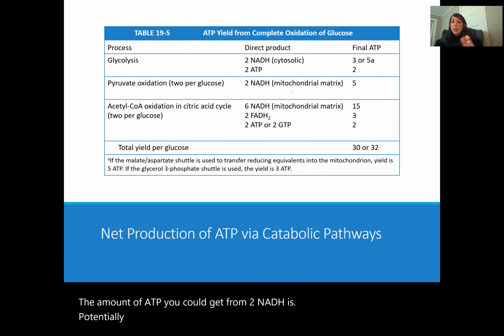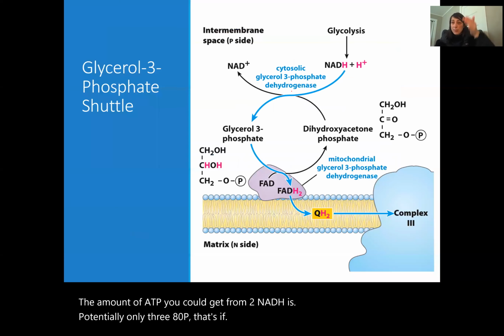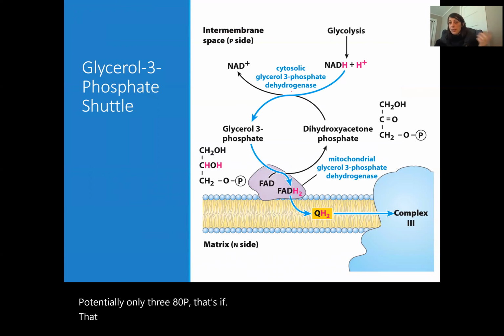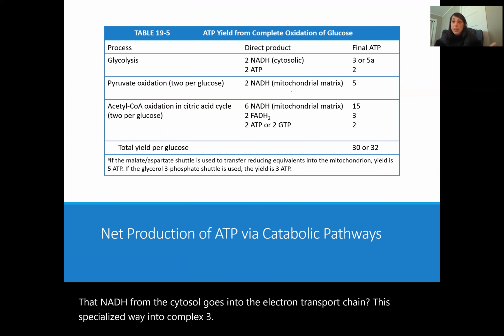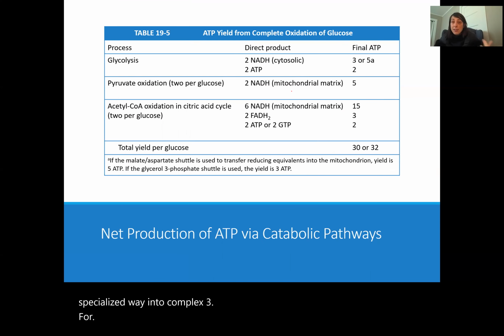That's if that NADH from the cytosol goes into the electron transport chain this specialized way into complex 3. Or it can go all the way into the matrix. It can go into complex 1 and generate a normal amount of protons and ATP.